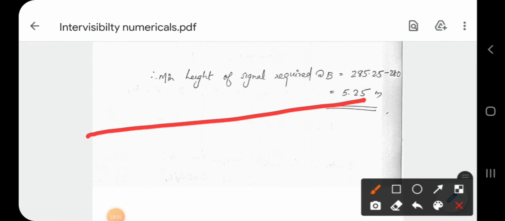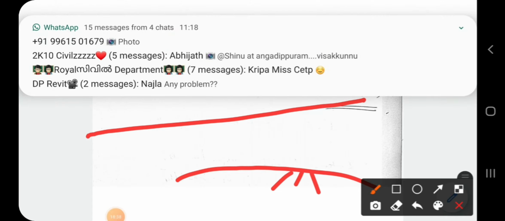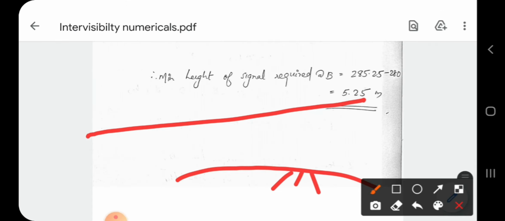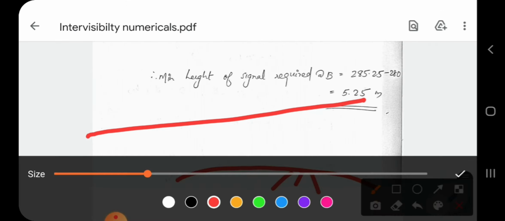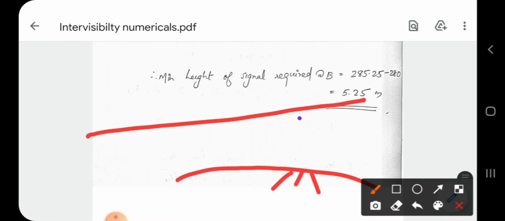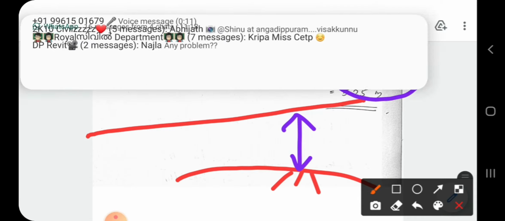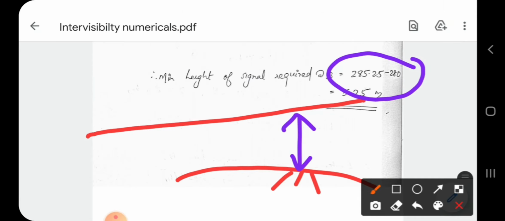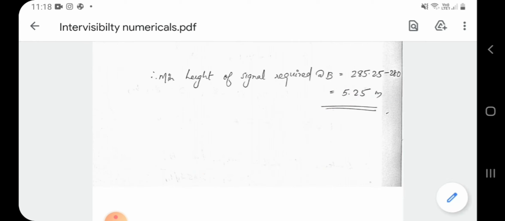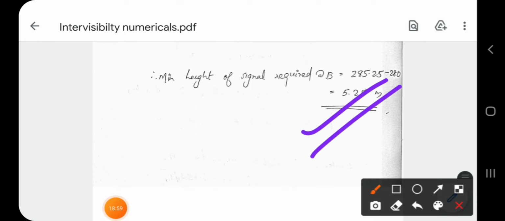This is the line of sight and our ground is like this. So we have to increase the height of the station, or provide a tower, and the minimum height of the tower or signal required will be 285.25 minus 280, that is 5.25 meters.